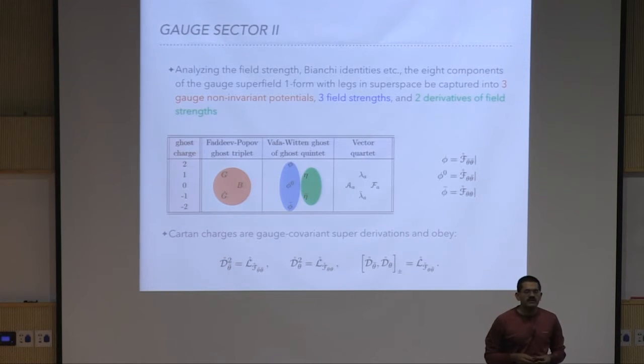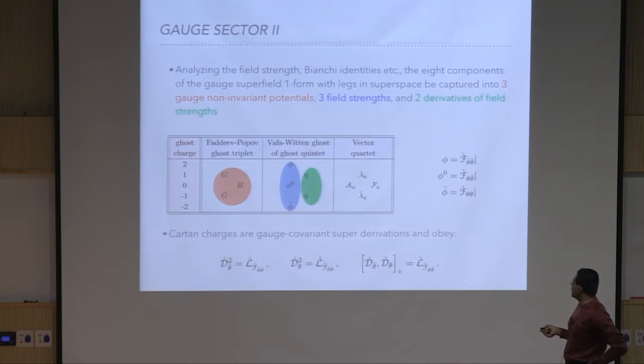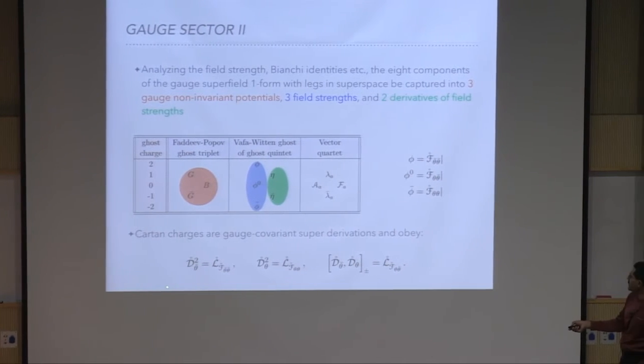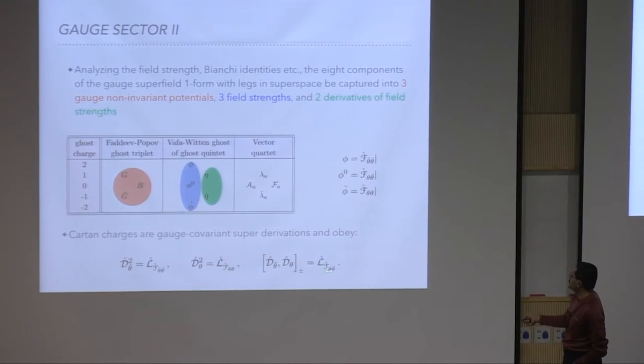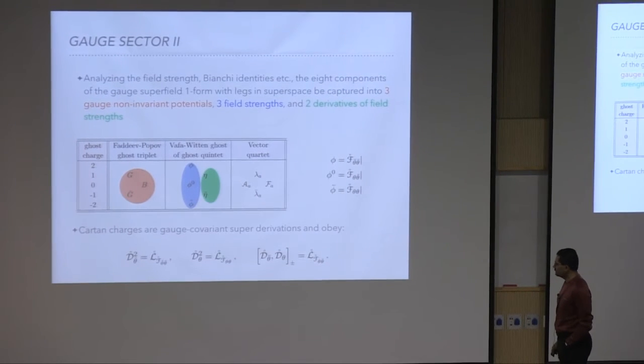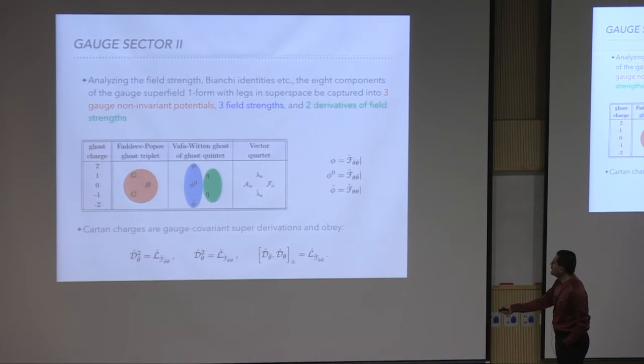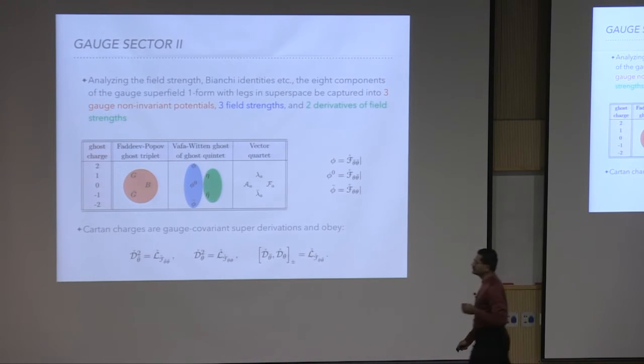So what you can do is add D plus A, but D plus A won't be nilpotent, because D plus A squared will give you a dA term, which will give you a field strength. So what I'm going to do is define what are called Cartan charges in the literature by combining my exterior derivatives with interior contractions, and then those will square to some Lie drag along field strengths. So just keep this in mind.